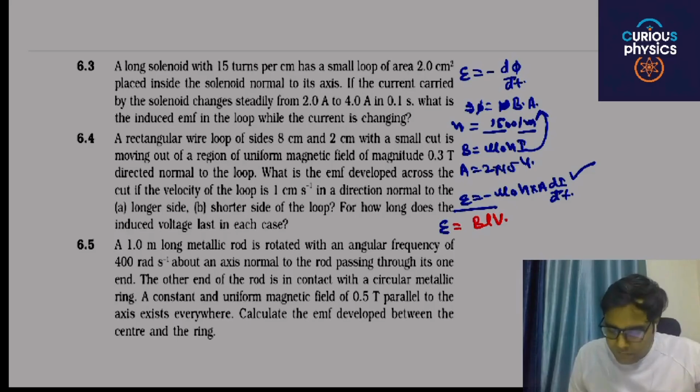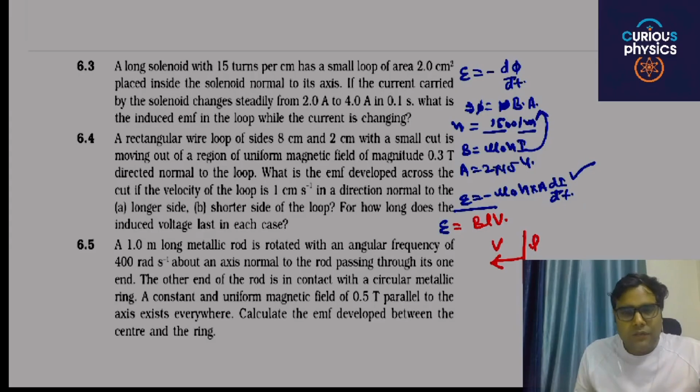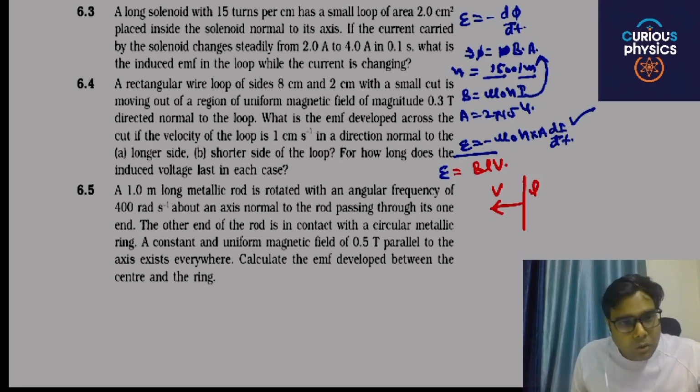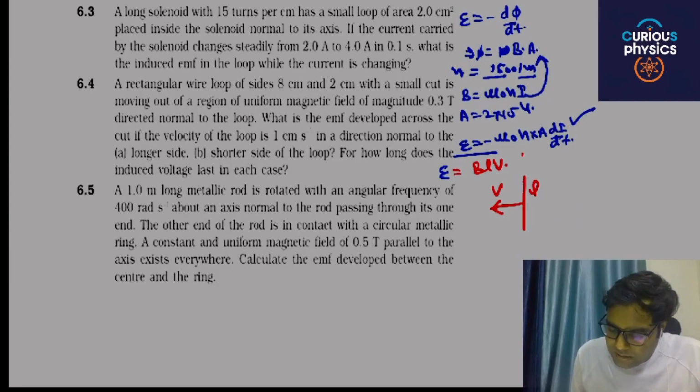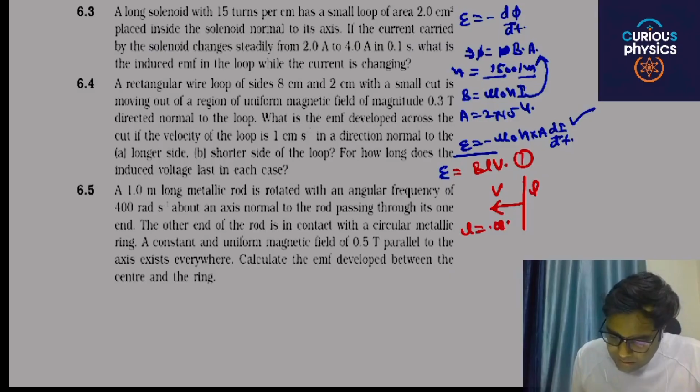In the first case, velocity is perpendicular to the longer side. In the diagram of motional EMF, this is the rod and this is the direction of V, and this is the direction of L. In the first case, velocity is normal to the longer length, which means you have to use L equal to 0.08 meter.